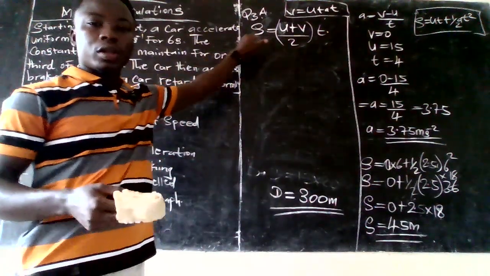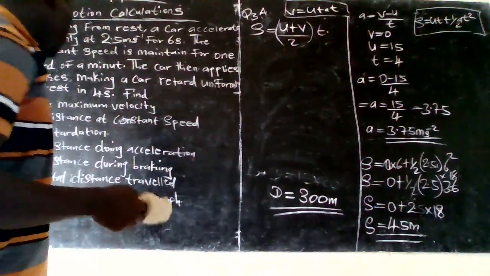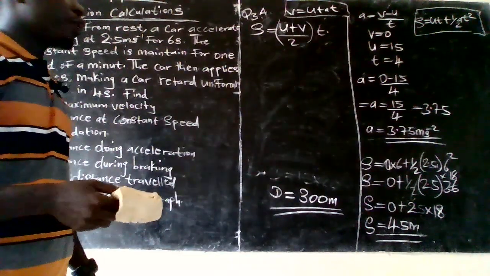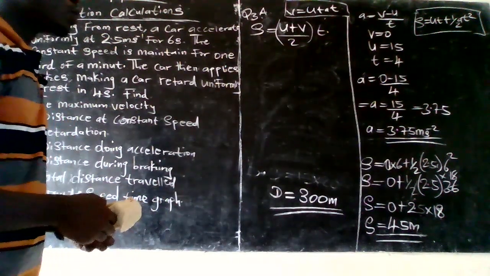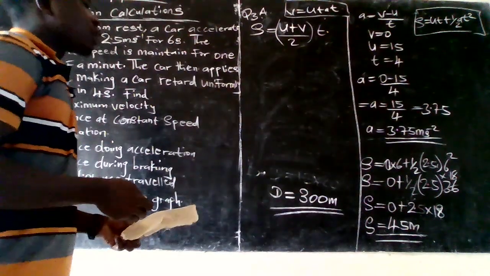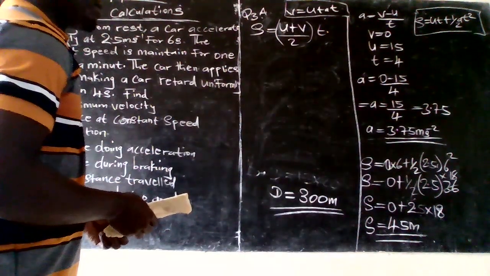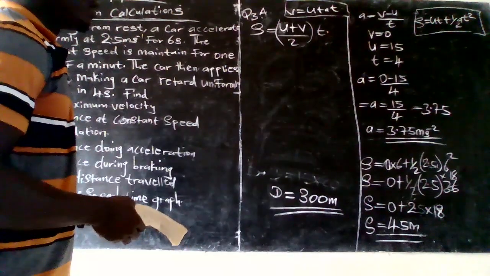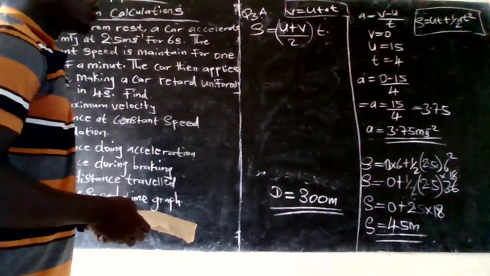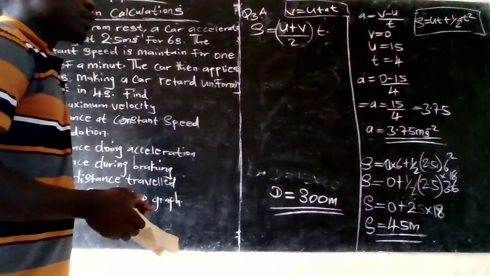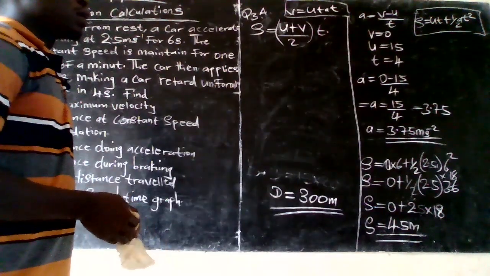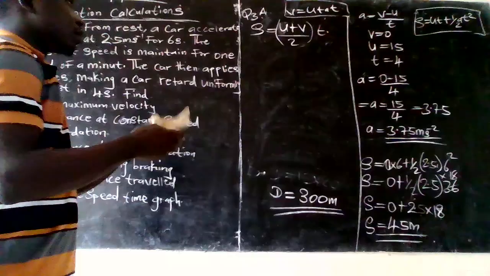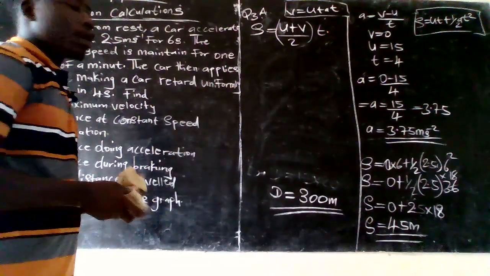We use this equation to solve for distance during braking. Now, what is our time and what is our velocity there? Then also the initial velocity, divided by 2.